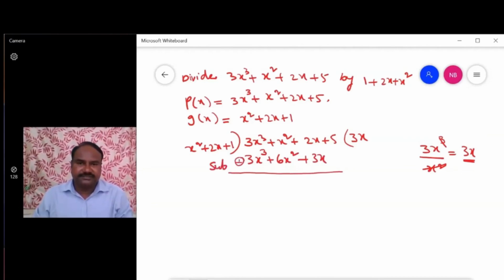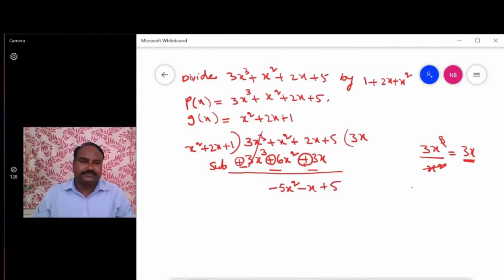This plus becomes minus, plus becomes minus, plus changes into minus. First term gets cancelled, 3x cube minus 3x cube. Now minus 6x square plus x square, we will get minus 5x square. Plus 2x minus 3x is minus x, and then plus 5 is the same.